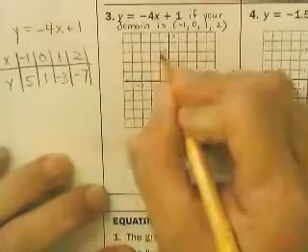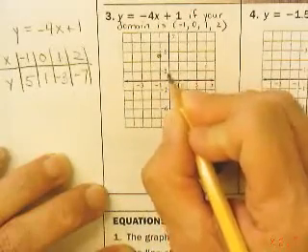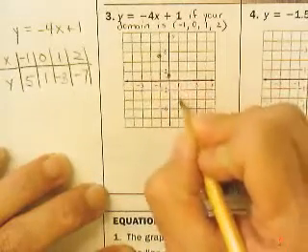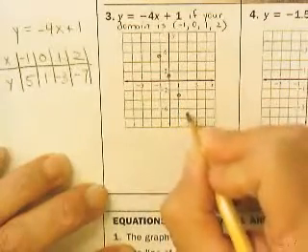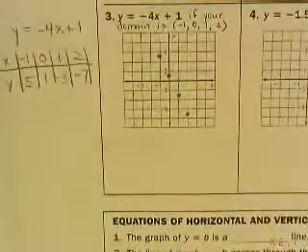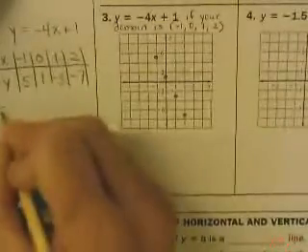So -1, 5; 0, 1; 1, -3; 2, -7. Now the question is, should I connect these dots?